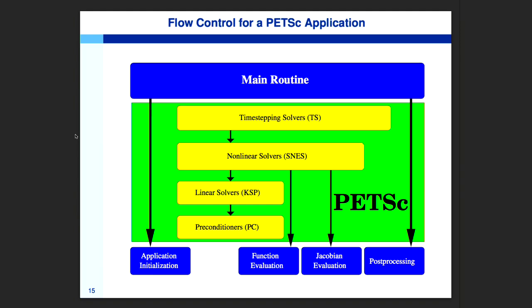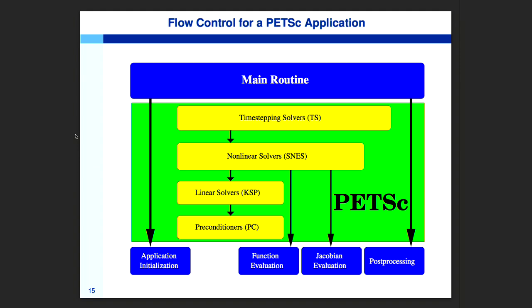This diagram shows how one might think about interfacing between code provided by the application or user, as shown in blue, and code provided by the PETSc library, as shown in the intermediate green box and the sub-boxes within that. So typically, we would see a user's application interfacing with time-stepping code, which then internally would use whatever capabilities are needed for nonlinear solvers, linear solvers, and whatnot.